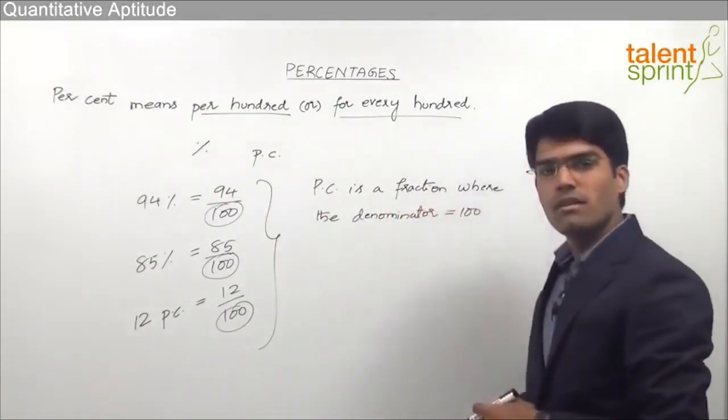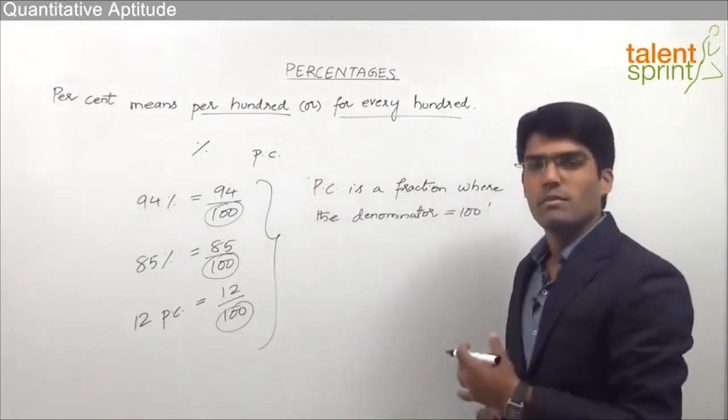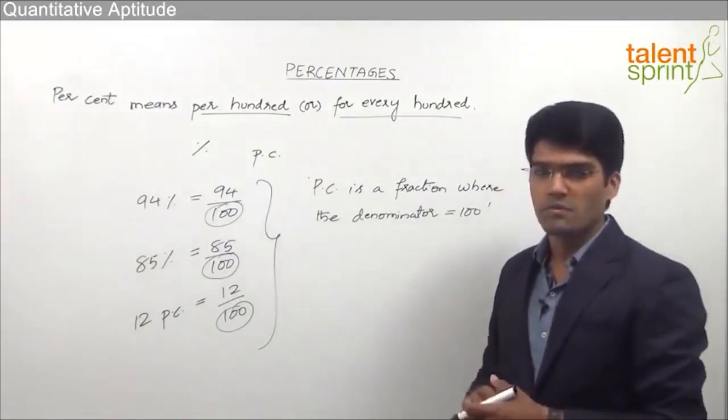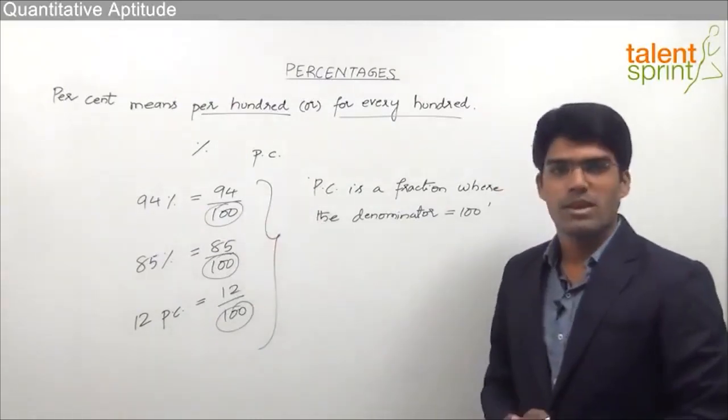This definition again is an important point which will be used in various other topics. So percentage is nothing but per 100 or out of every 100, and it can be taken as a fraction where the denominator is equal to 100.